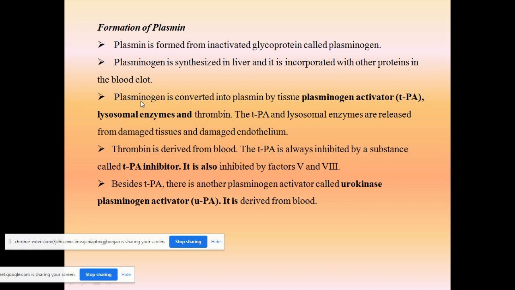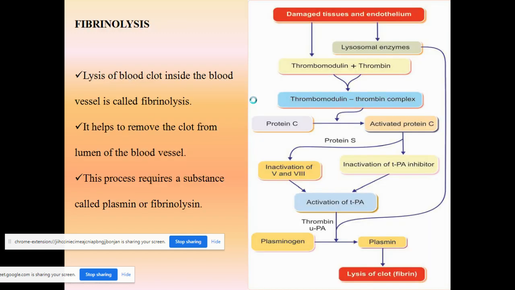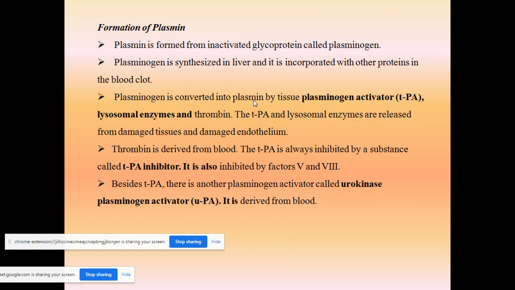How plasminogen is converted to plasmin, we have seen: by TPA, thrombin, UPA, along with the lysosomal enzyme. The tissue plasminogen activator TPA combines with lysosomal enzymes and thrombin, and helps in the conversion of plasminogen to plasmin.